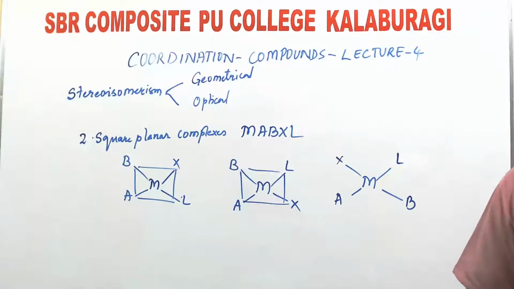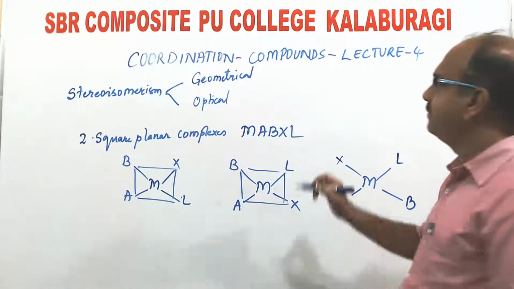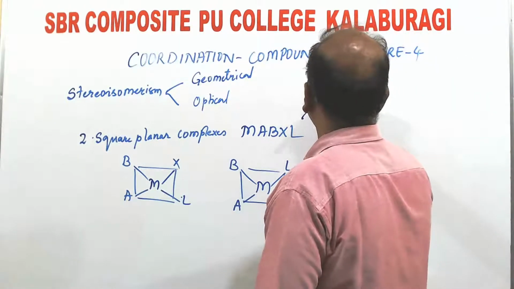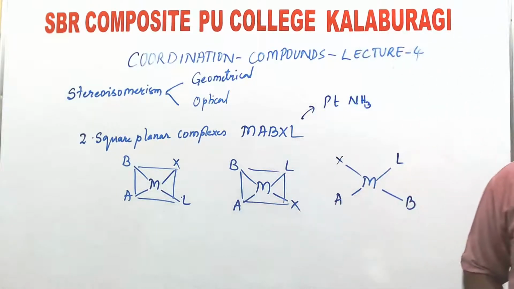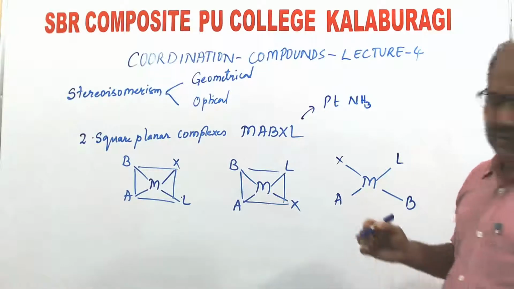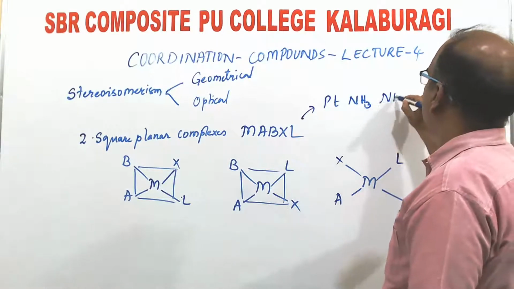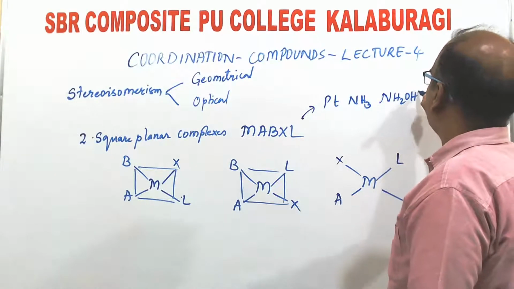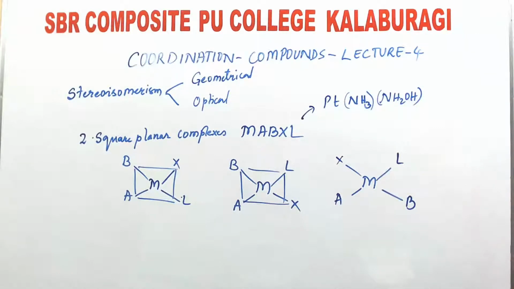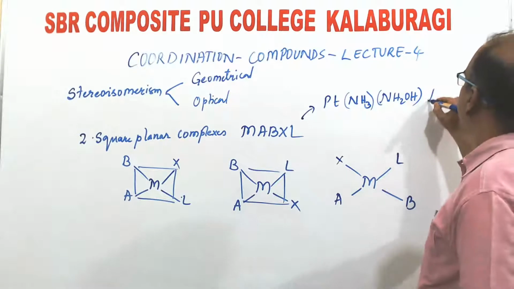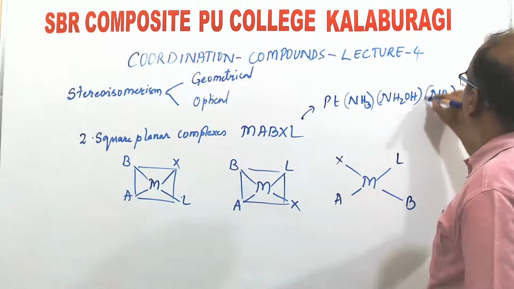One example for this: Pt(NH3), further you have NH2OH, hydroxylamine, then NO2 and pyridine, NO2 pyridine.